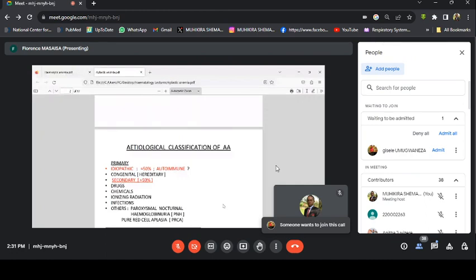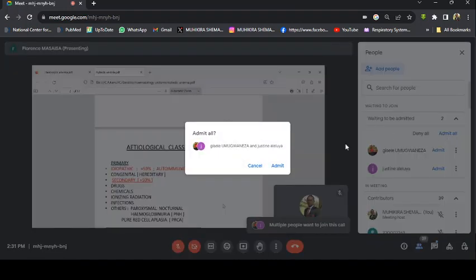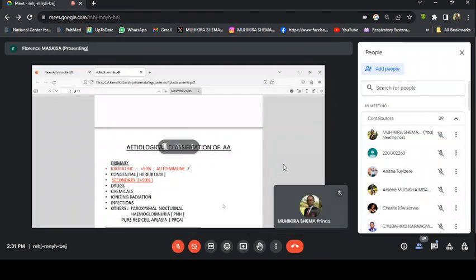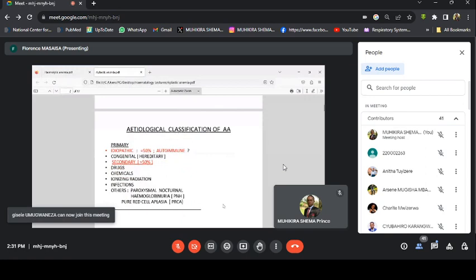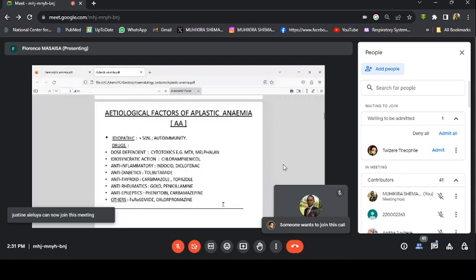Then in the other 50% you may find the causes: drugs or medication, chemicals, radiation, infection, or other conditions like paroxysmal nocturnal hemoglobinuria or red cell aplasia. So here again, autoimmune is 50% or idiopathic without clear causes.